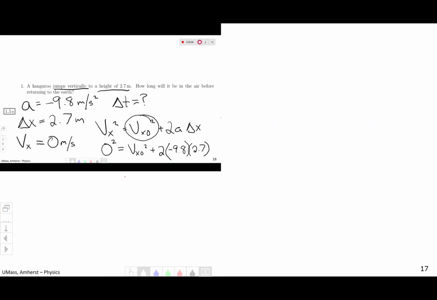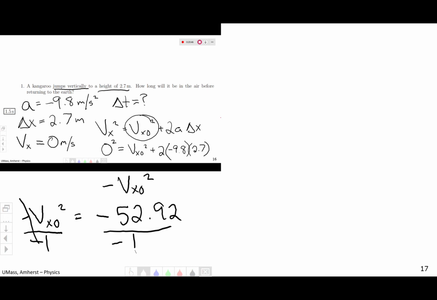We can subtract over Vx0 squared, so we end up with negative Vx0 squared equals 2 times negative 9.8 times 2.7 equals negative 52.92.